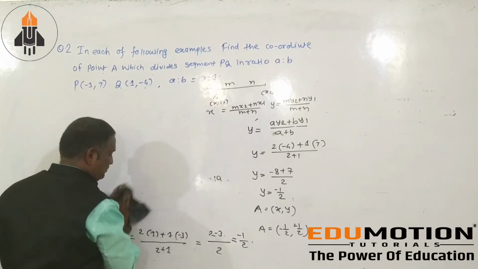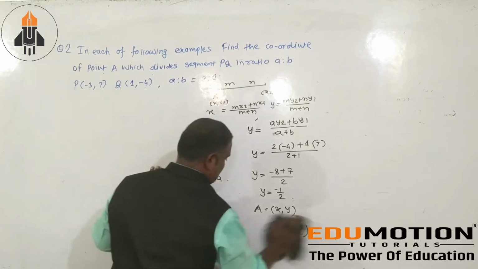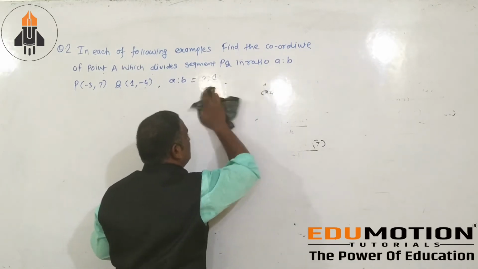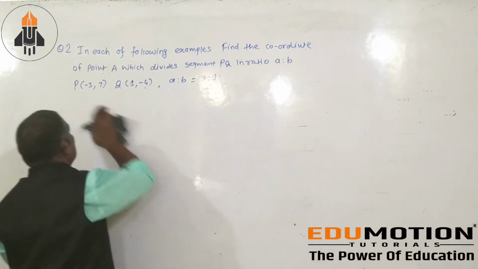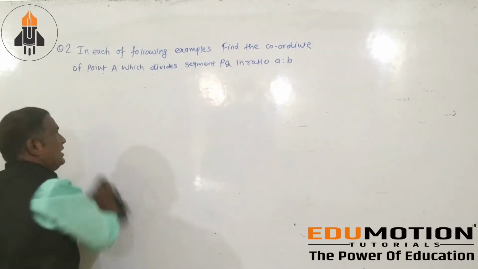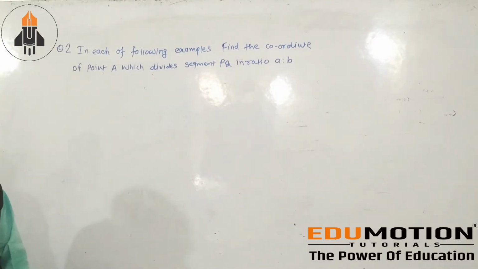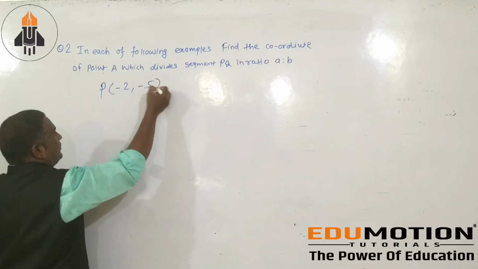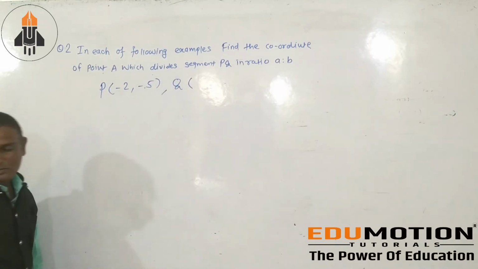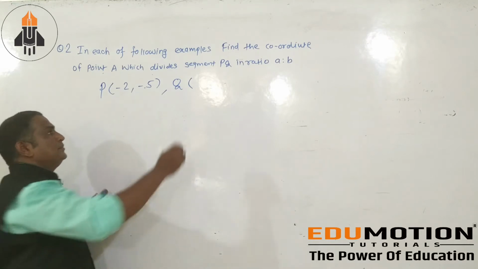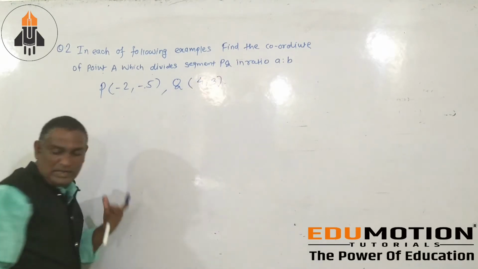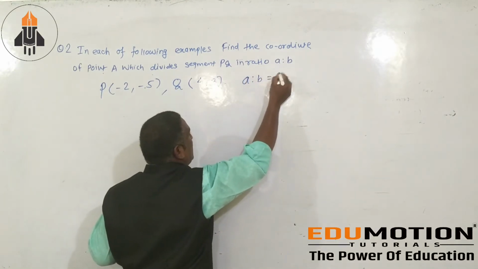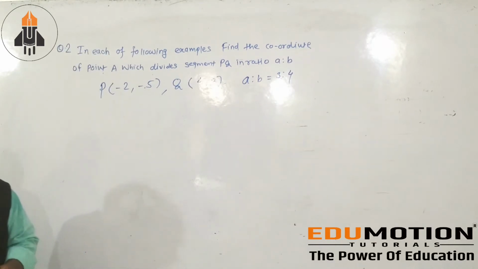Next is that P has coordinates minus 2 comma minus 5 and Q has coordinates 4 comma 3, and a is to b is 3 is to 4.